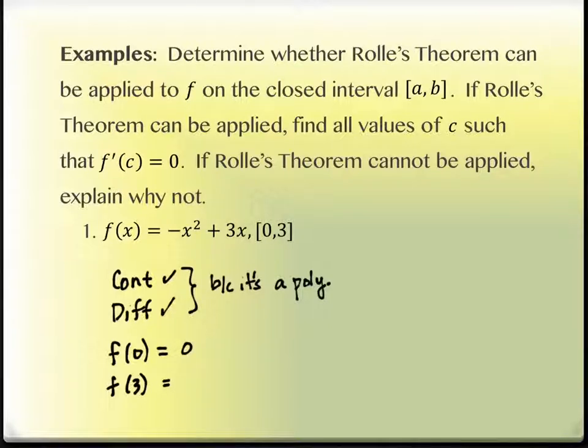That one's pretty easy. How about when you plug in 3? You do get 0. These two don't have to equal 0, but they do have to be equal, and that's the important thing. So I've got all my conditions met. Condition number 1, continuous. Condition number 2, differentiable. And condition number 3, endpoint values match. So Rolle's theorem applies.